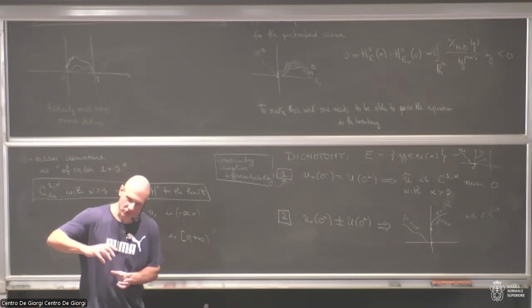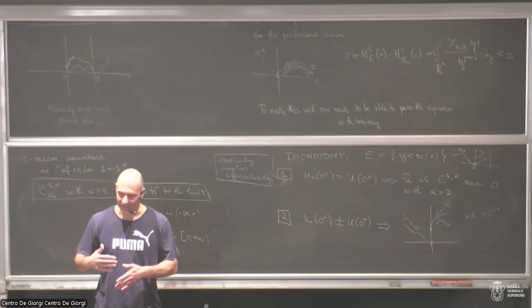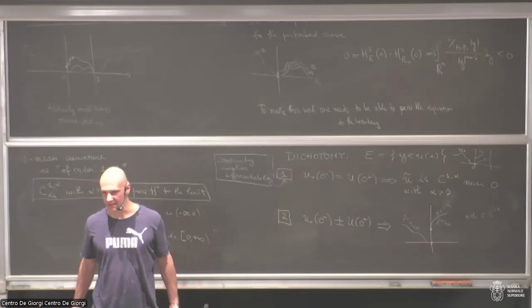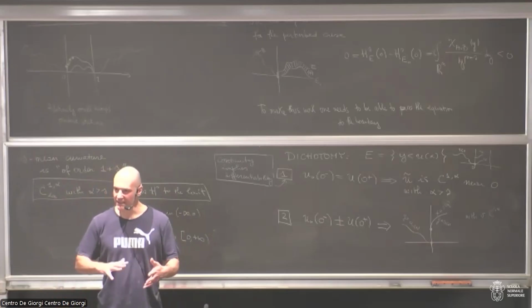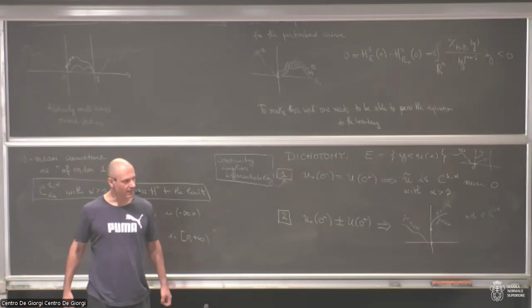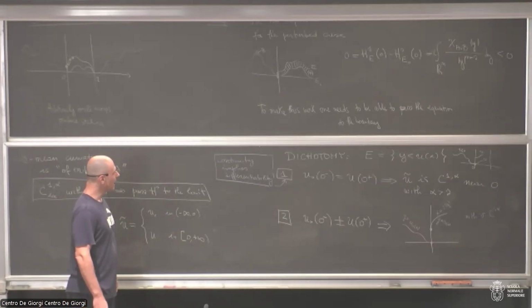So you have to change your coordinates to see that actually that gradient that becomes infinite is actually 0 in the right coordinate system. And that's why you get this kind of dichotomy. You always get regularity, but in the appropriate coordinate system.